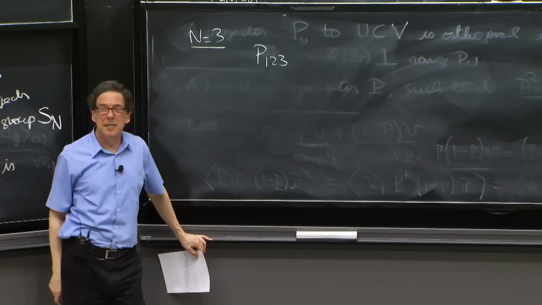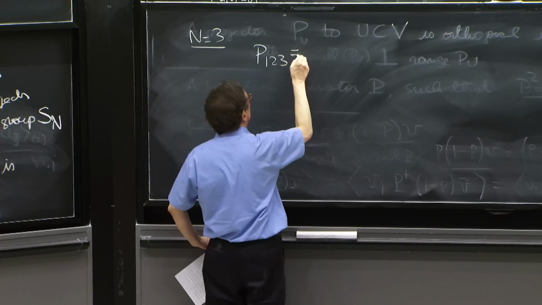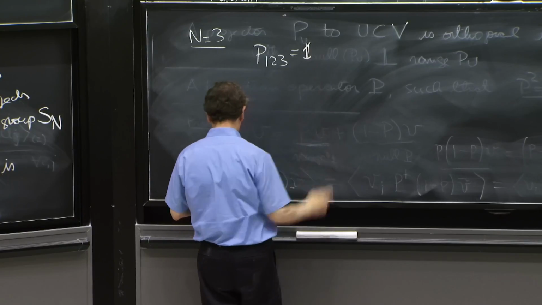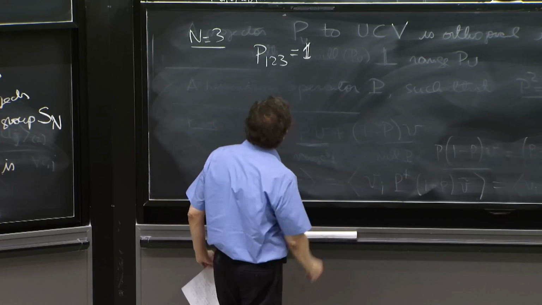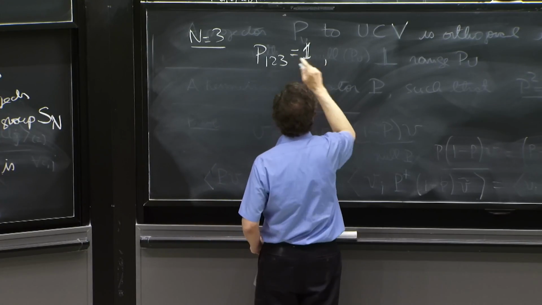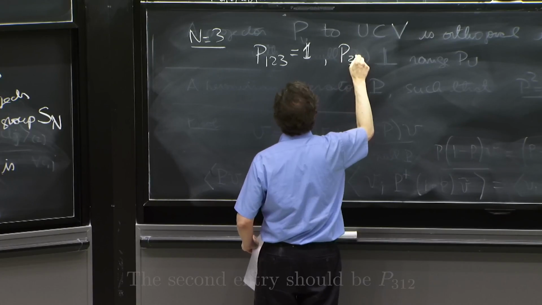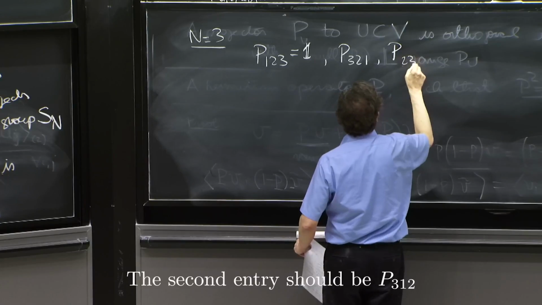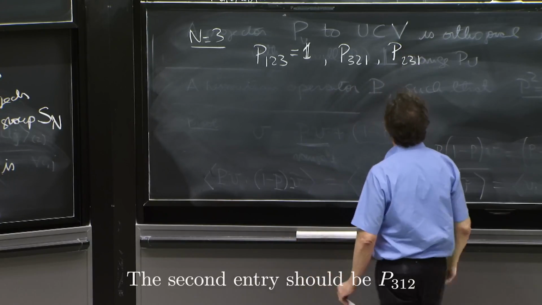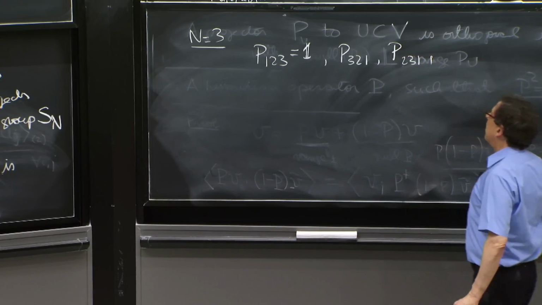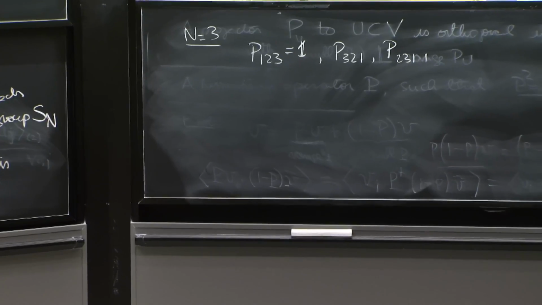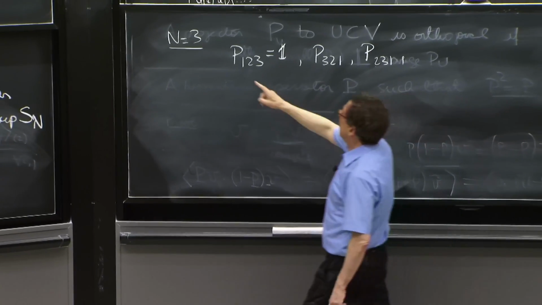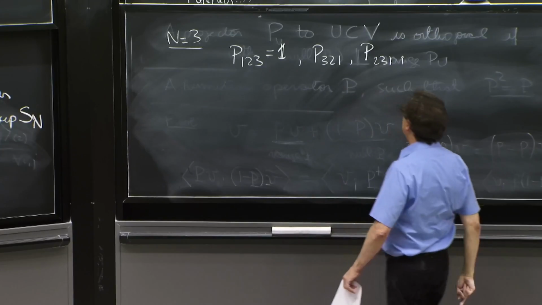That is the identity element. But then you could cycle them, P3, 2, 1, P2, 3, 1. These are 2 more elements. This should have 6 elements because it's 3 factorial.